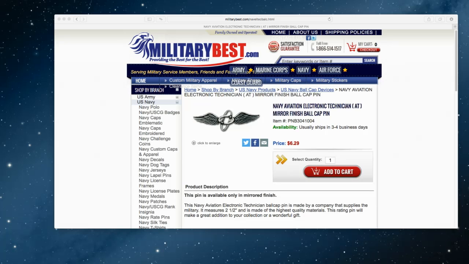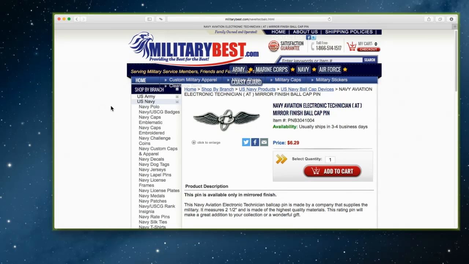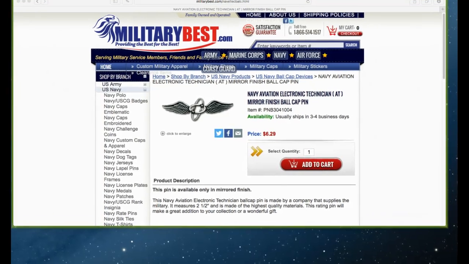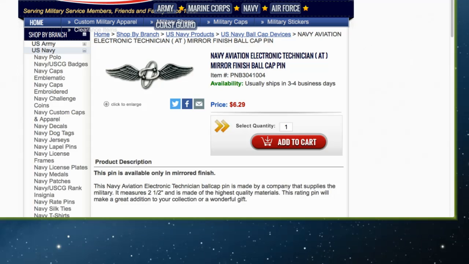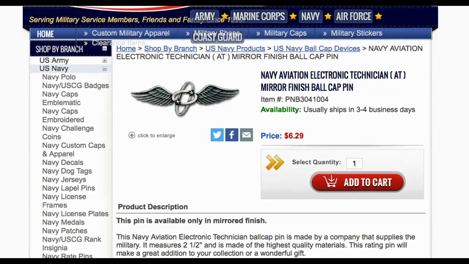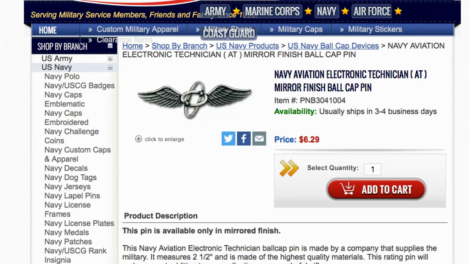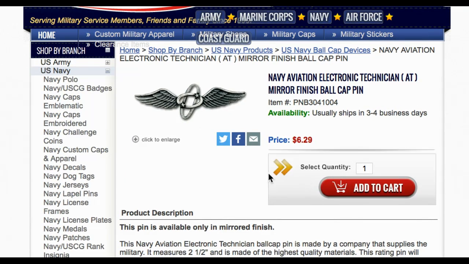Okay, this is from a website called militarybest.com, and they have military insignia. I just happened to notice when I was looking through some icons in Google search that this shape turned up, and I thought that was quite interesting. This is for the Navy Aviation Electronic Technician. It's a ball cap pin.